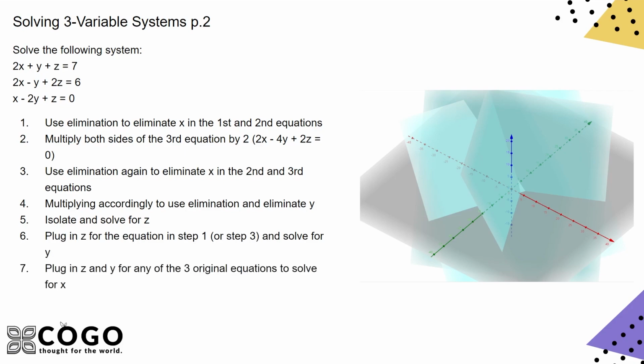We can do this because x has already been eliminated, so we only have y and z in our equation. We have calculated the value for z, and now we just calculate the value for y. Plug in y and z for any of the three original equations to solve for x. Finally, we obtain our answer x, y, z, which is equal to, respectively, 1, 2, and 3.